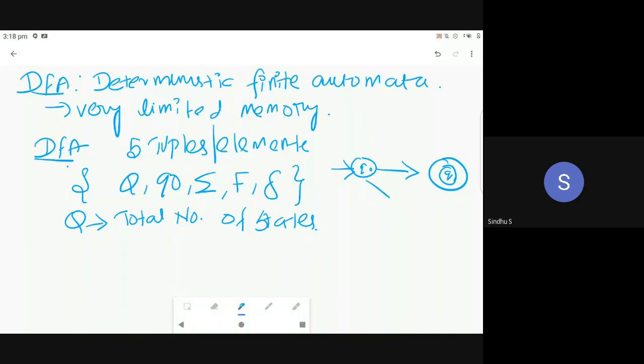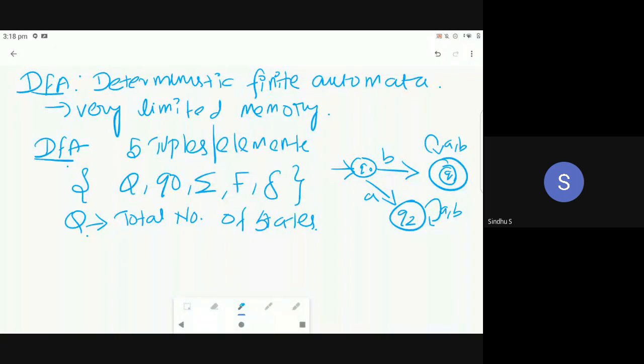You might have seen a DFA diagram, that is the construction of DFA. Have you ever constructed a DFA machine, guys? Yes or no? Yes, ma'am. Fine, then it will be easy for me to define things.